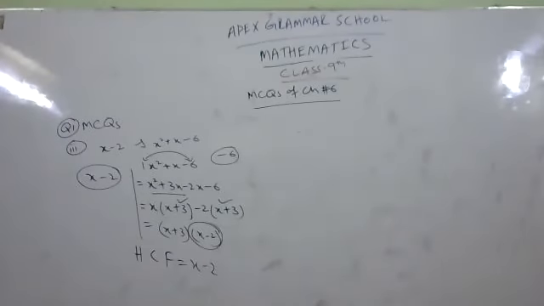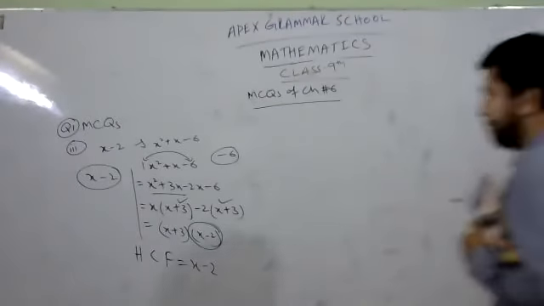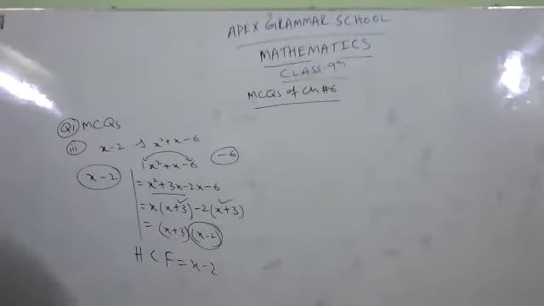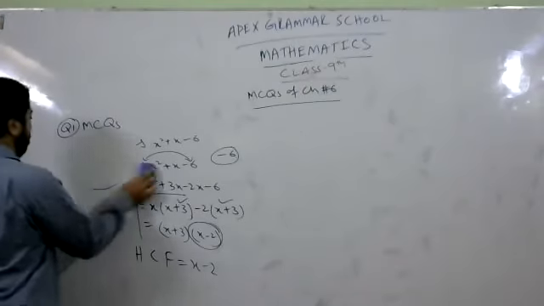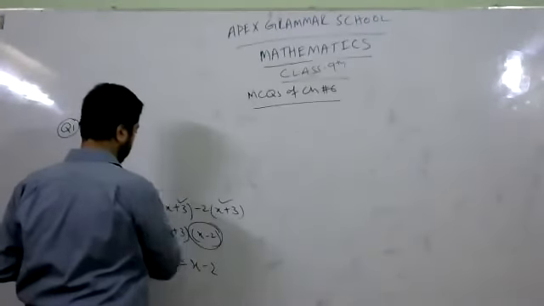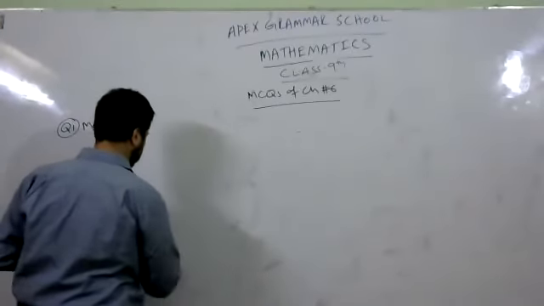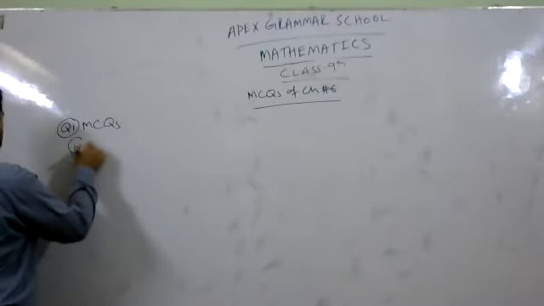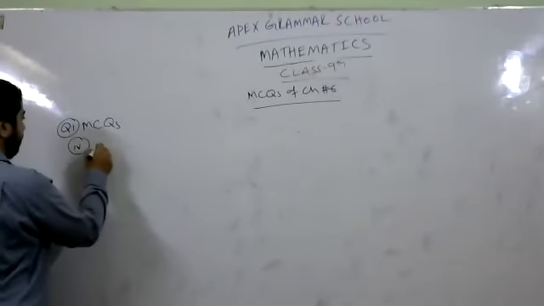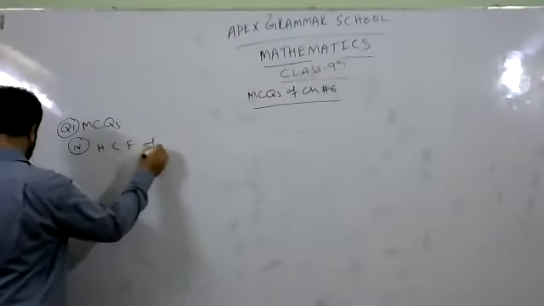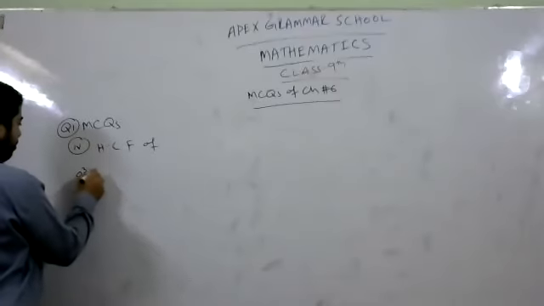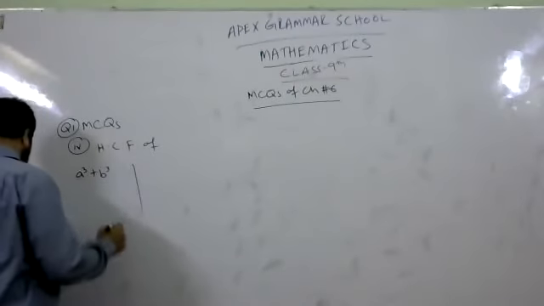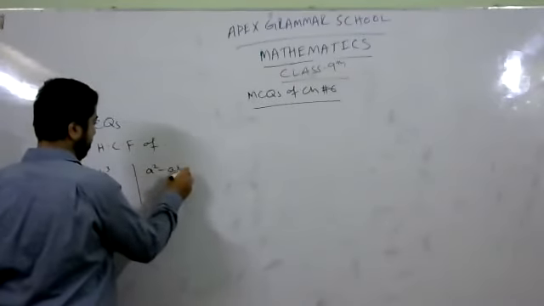And for part 4, HCF of a³ plus b³ and a² minus ab plus b².